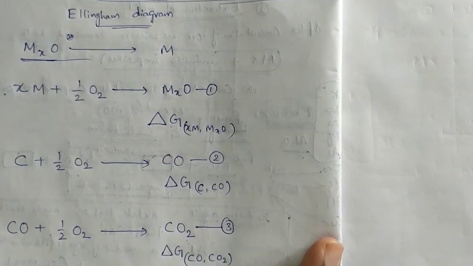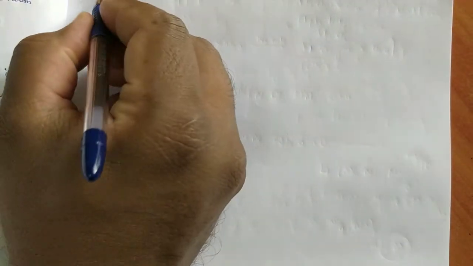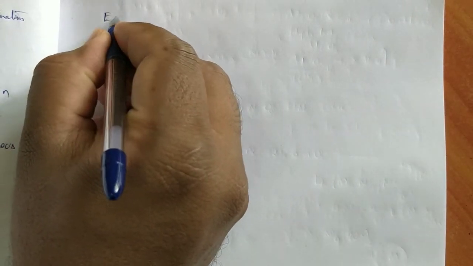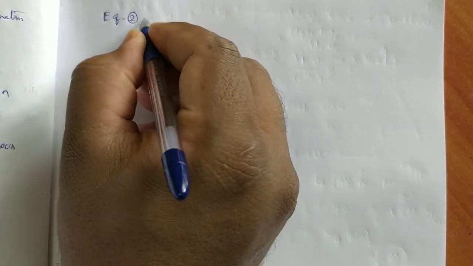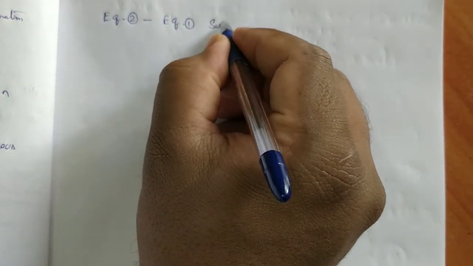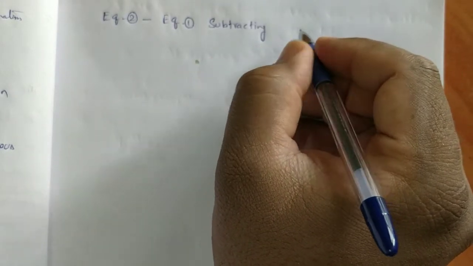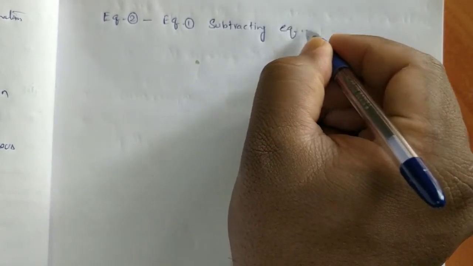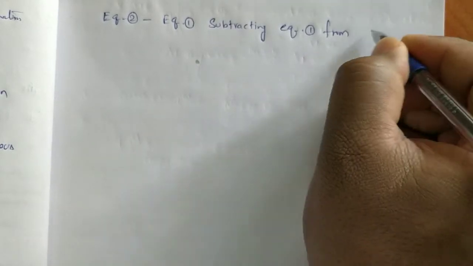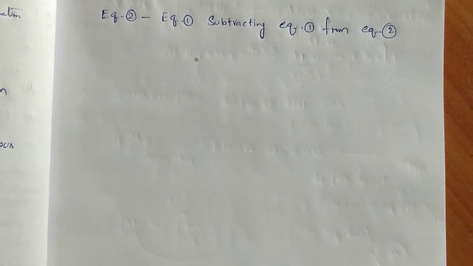See, first I am going to do one thing, that is equation 2 minus equation 1, subtracting equation 1 from equation 2.